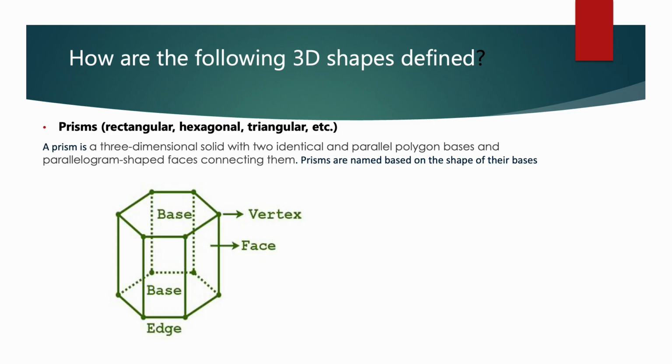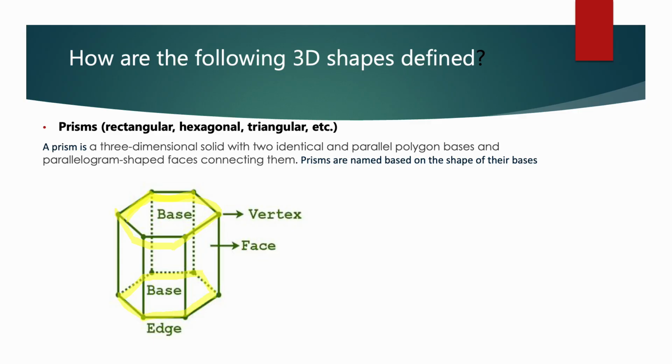A prism, which can be rectangular, hexagonal, or triangular, is a three-dimensional solid with two identical and parallel polygon bases. So you can see this top base here is identical to the bottom base.